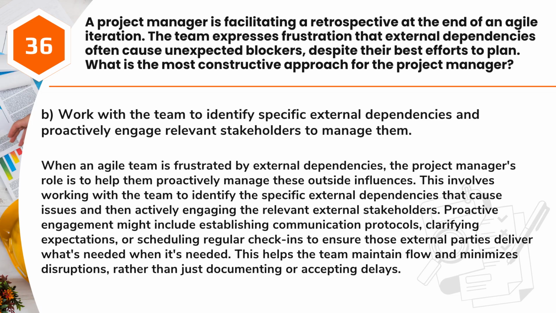Proactive engagement might include establishing communication protocols, clarifying expectations, or scheduling regular check-ins to ensure those external parties deliver what's needed when it's needed. This helps the team maintain flow and minimizes disruptions, rather than just documenting or accepting delays.